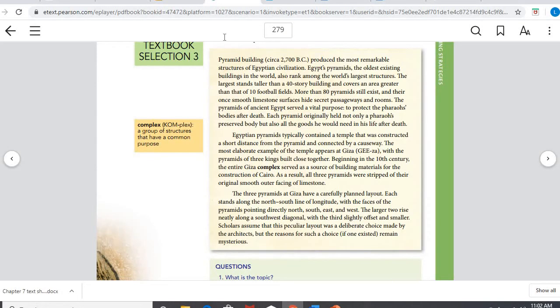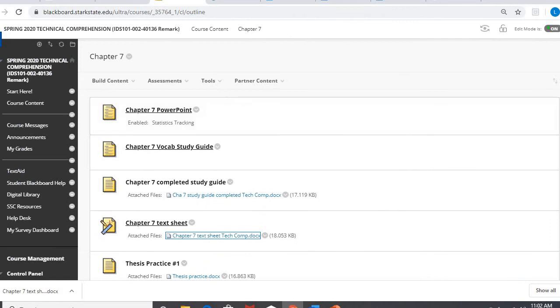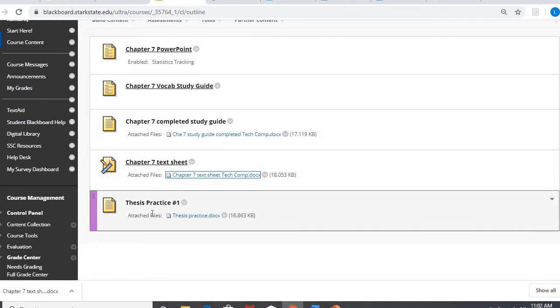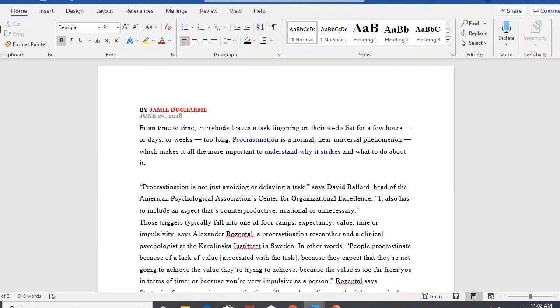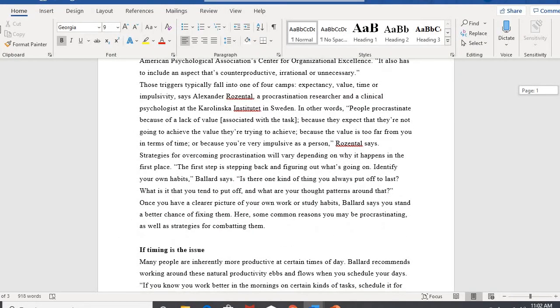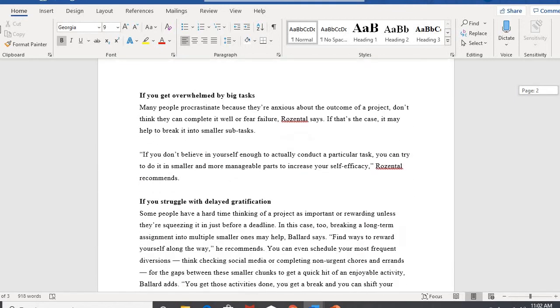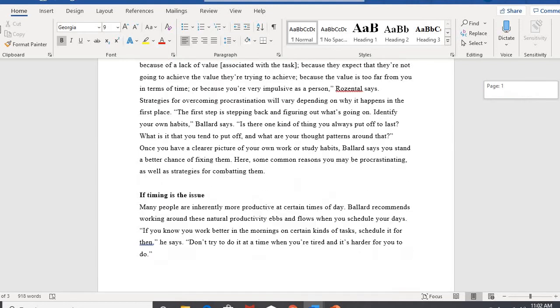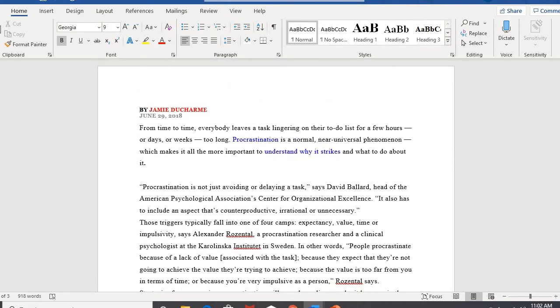In Blackboard, I'm going to recommend in Chapter 7, you'll see there is a thesis practice. Thesis practice number 1 will open up into an article. Again, it's not terribly long, about 3 pages. I'm going to recommend, I'm not requiring it, you will have a thesis homework next, I think I'm going to send it Wednesday.